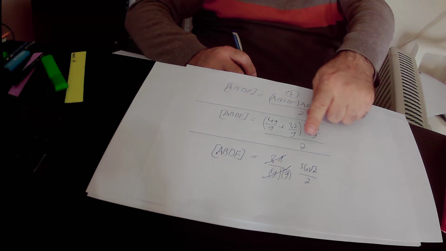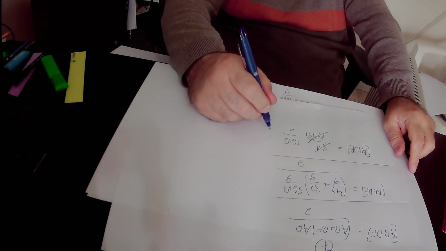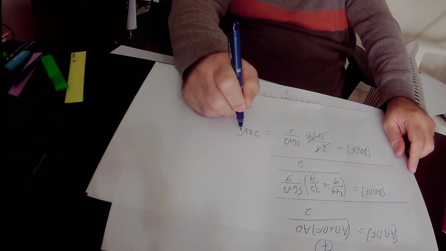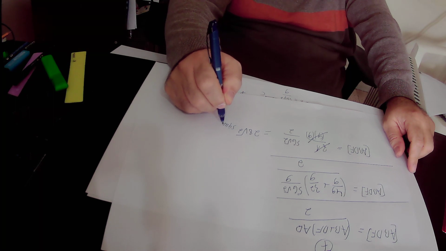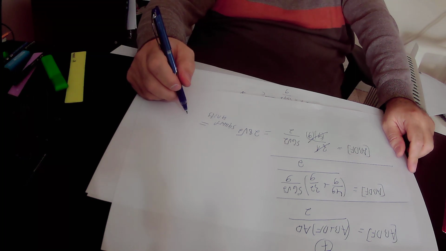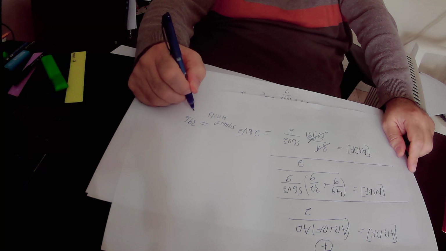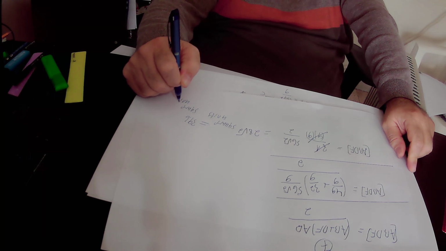And we actually found out that the area of the green shape equals 56 over 2, which is 28, times square root of 2 square units, or in terms of numbers, it equals 39.6 square units.